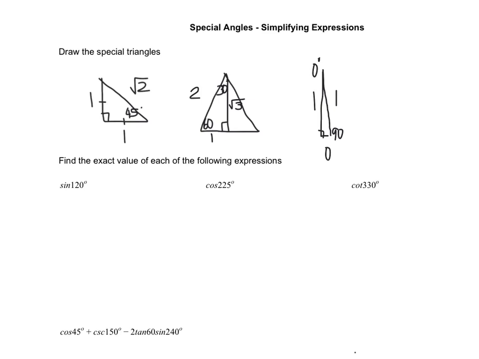So if I want to evaluate sine 120 degrees, the first thing I'm going to do is draw a little grid, and 120 degrees is in quadrant number 2, which already tells me in quadrant 2, sine is positive. So we have to use our CAST rule connection here. Now, you might also want to label your 0 and your 180, maybe your 90, 270, and where 360 is, just for the reference of where different angles will be.